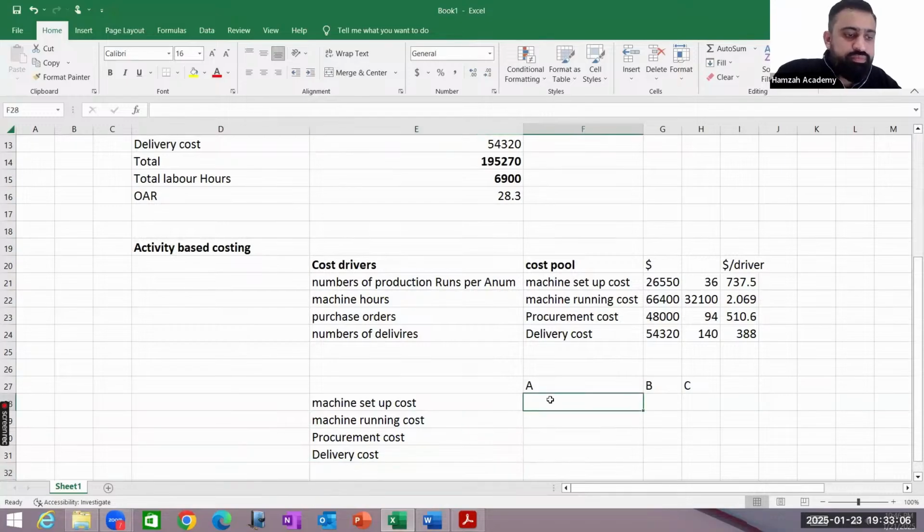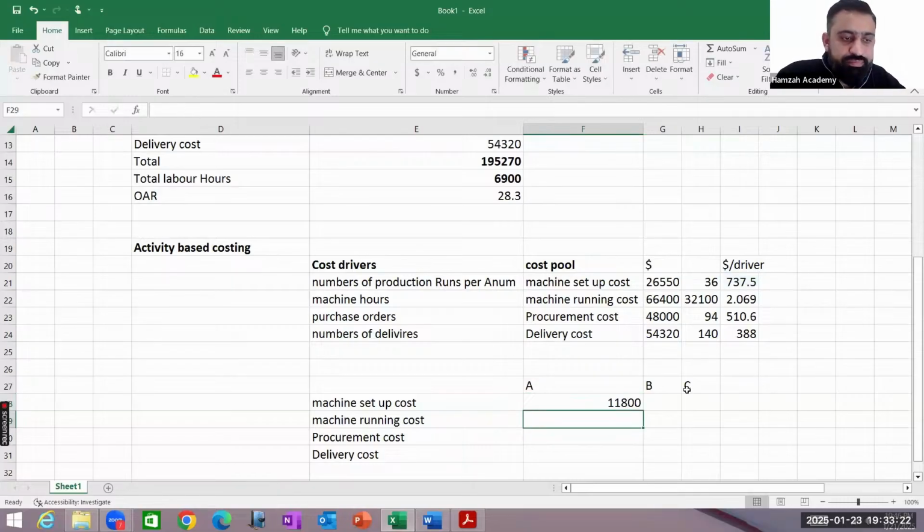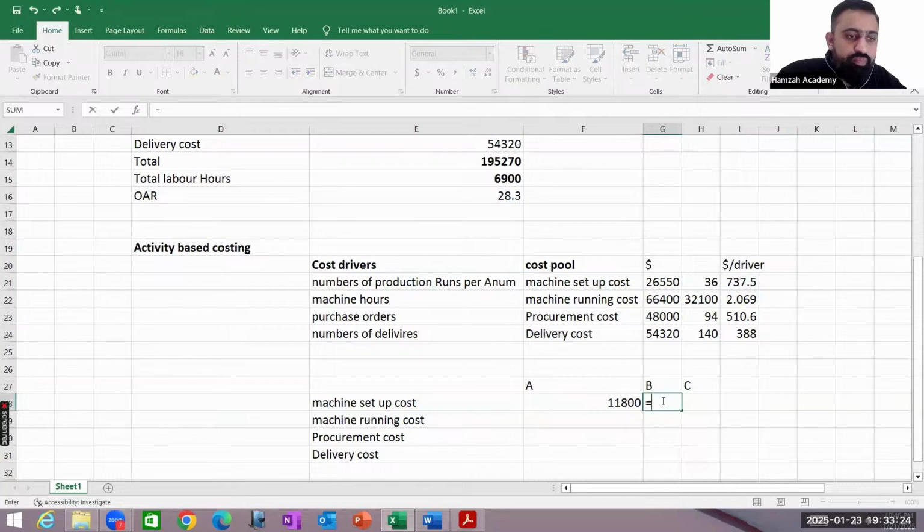Now, first of all, machine setup cost. Per driver, it is 737.5. For product A, the number of production runs we are using is 16. Again, 737.5, and the number of production runs for product B is 12.